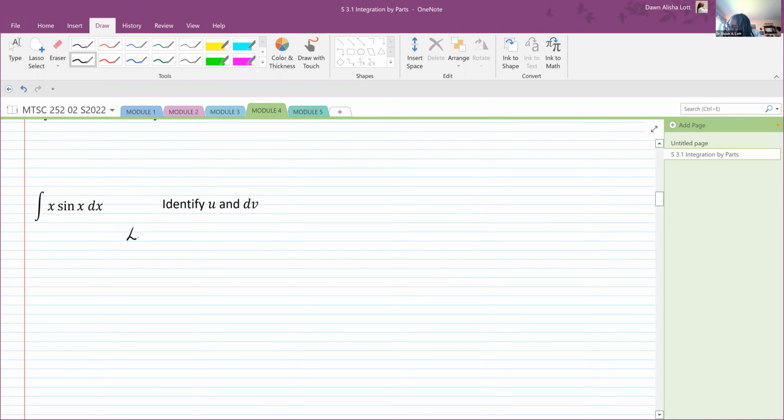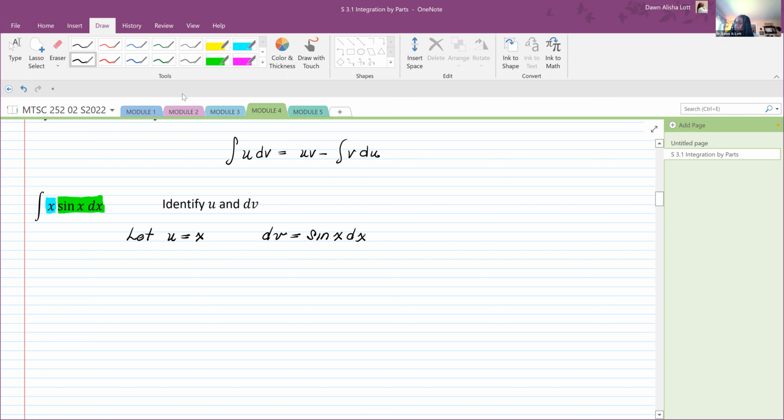So I'm going to let u equal x. So this is my u. And everything that's left has to be dv, because the problem has to be completely substituted for. And remember, the formula is the integral of u dv is uv minus the integral of v du.